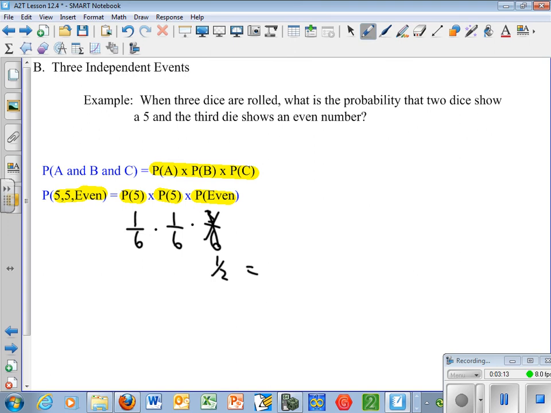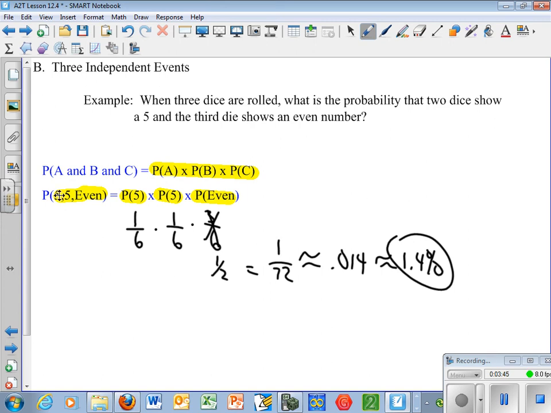If I multiply those 3 together, I'd have 1 times 1 times 1, which is 1 on top, 6 times 6 times 2, which is 72. So it's 1 out of 72, and if I divide that, you could do that on the calculator to check it, it's about 0.014, or about 1.4% probability. So the probability of getting a 5, 5, and an even is about a 1.4% chance.